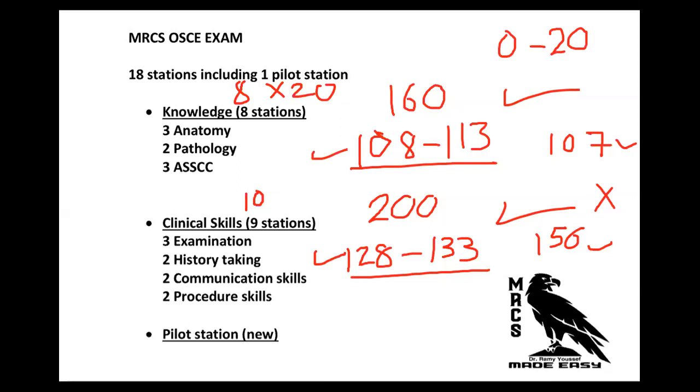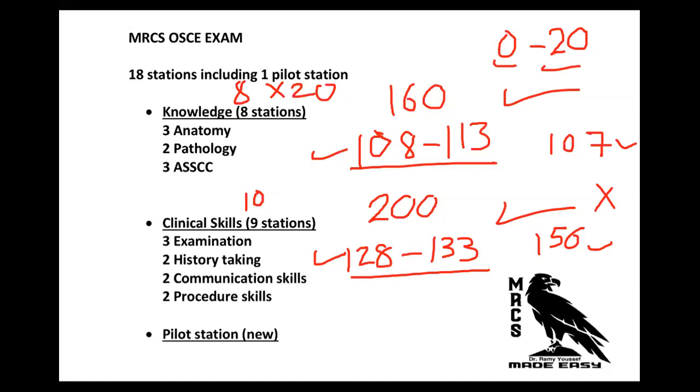If you pass the passing mark, no problem if you have 0 from 20 for any station. It will not actually happen, but I say if in one station you just have 0 and you did well in the next stations, you will pass.